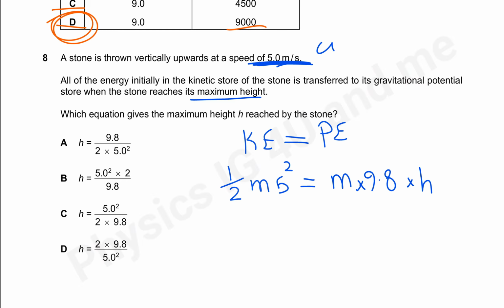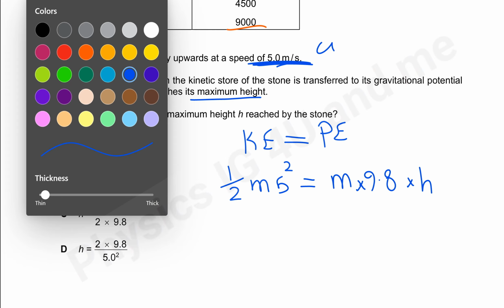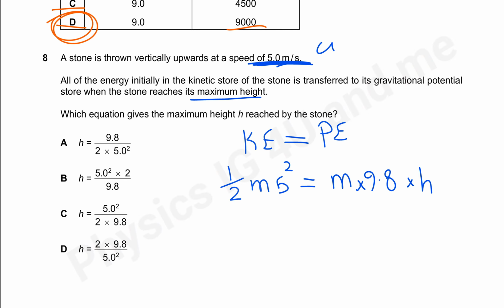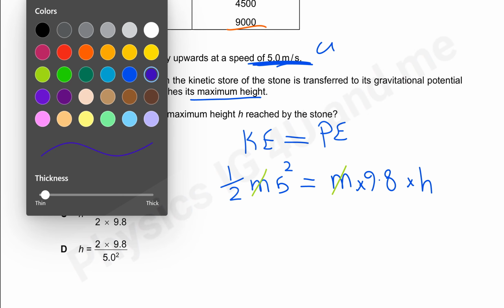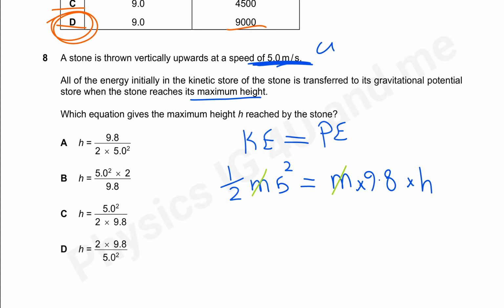What do they want? They want the formula of the height, h, right? So pay attention, mass with mass are gone, deleted. So what do I still have? I still have here half multiplied by 5 squared equals 9.8 multiplied by h.